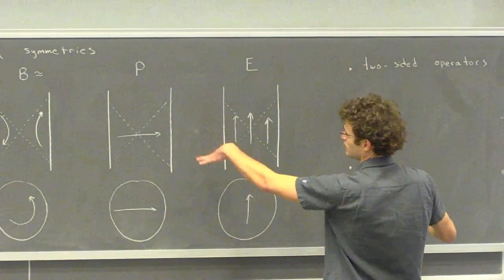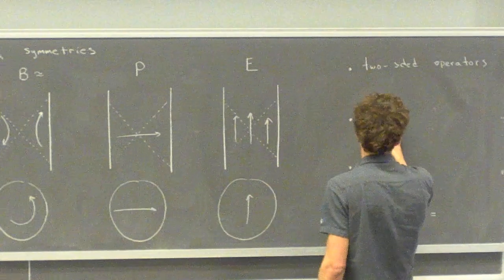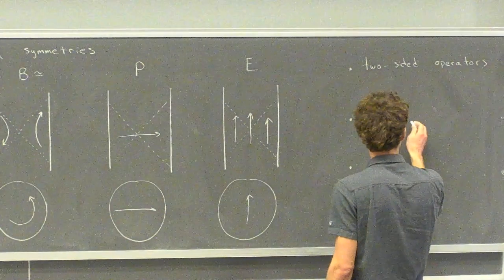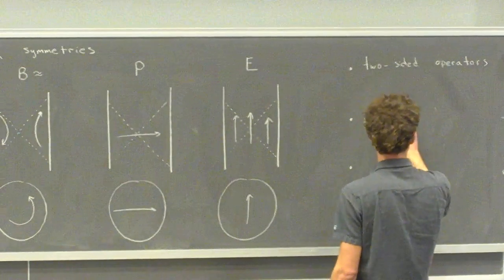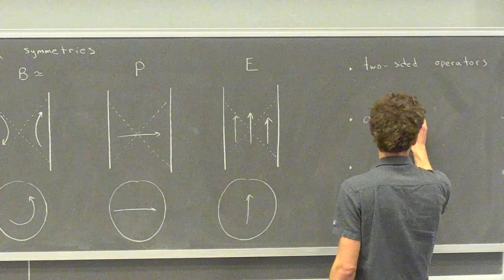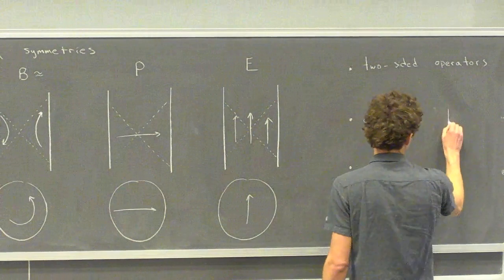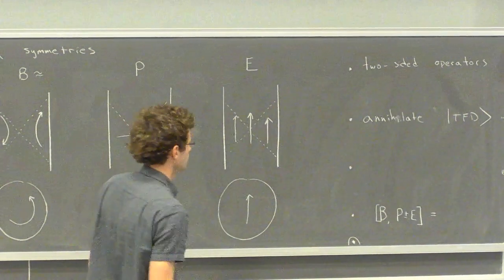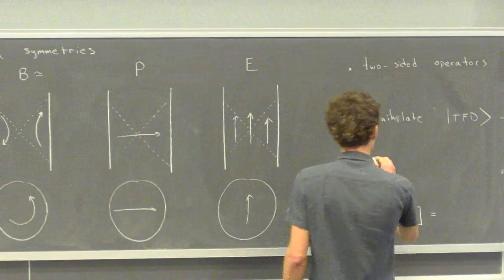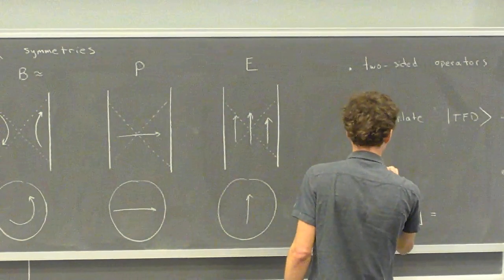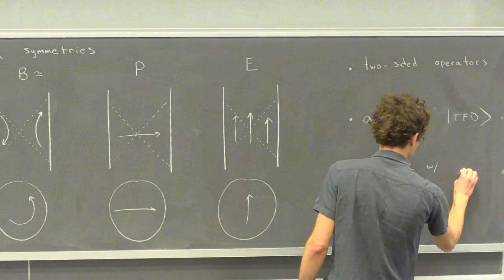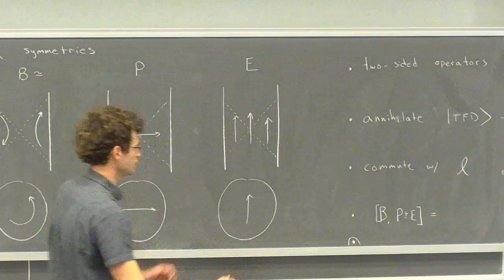They annihilate the AdS2 vacuum, or equivalently, the thermofield double state. And they commute with the length L, where the length L is defined as follows.